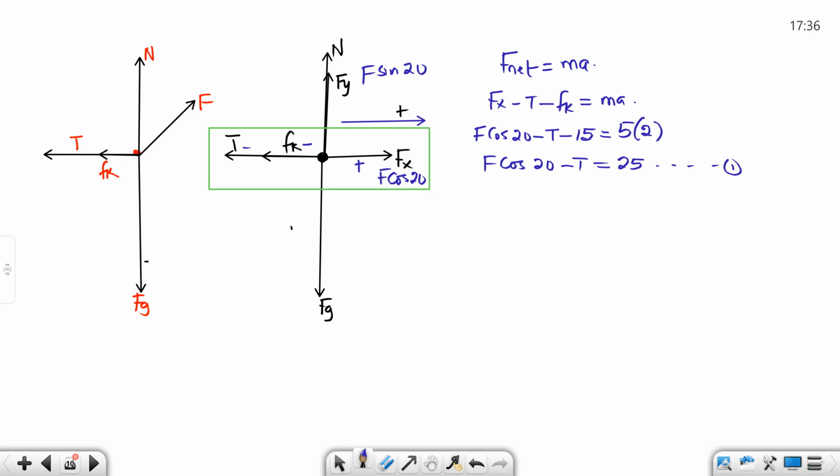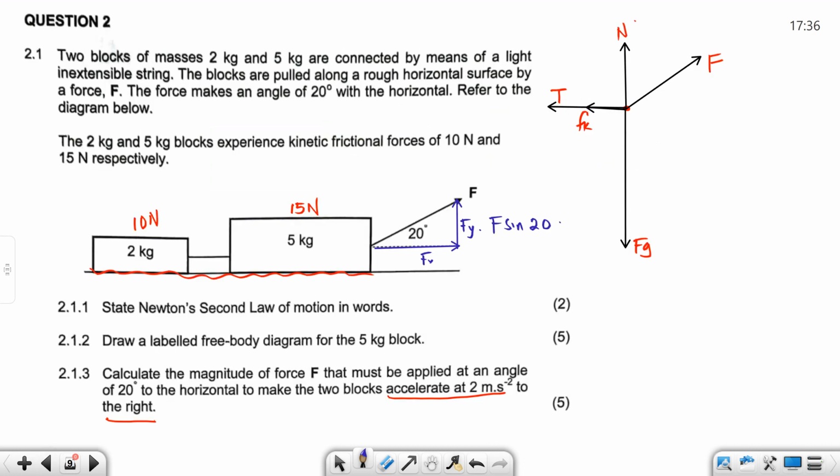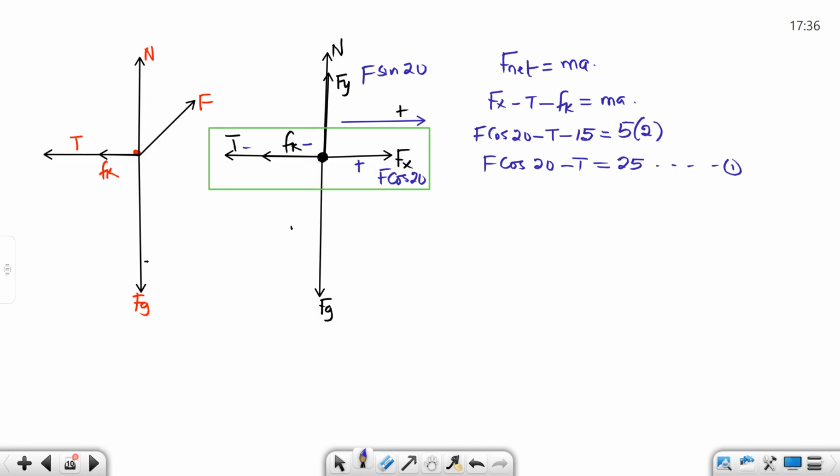I have equation 1. Where will I get equation 2 from? From the second object. If we look at the second object, what do we have? Normal, friction, tension, and gravity. So let's quickly draw. I know I'm moving a bit fast.